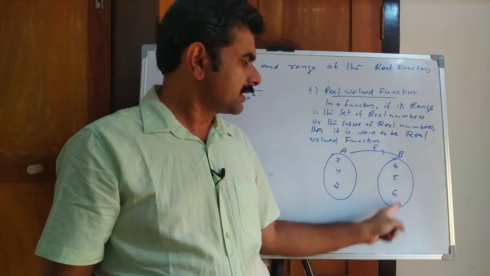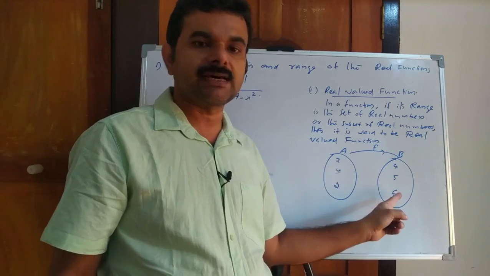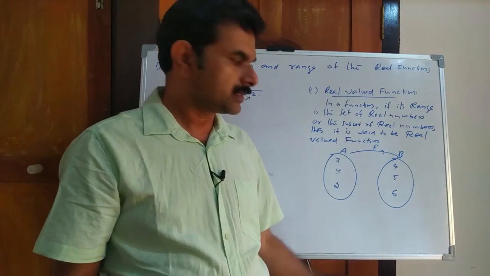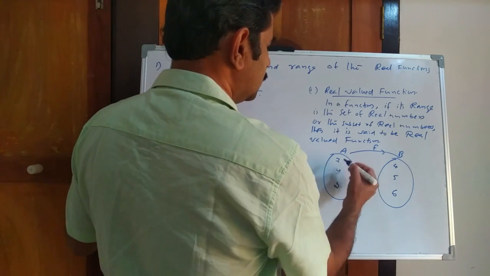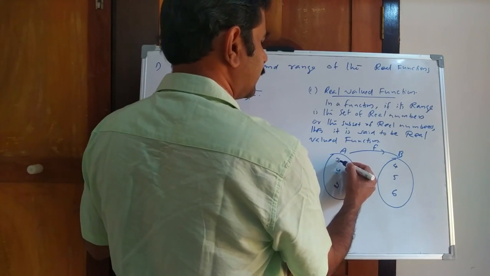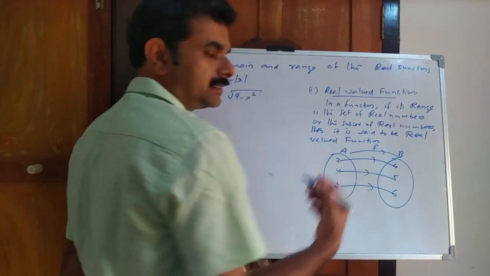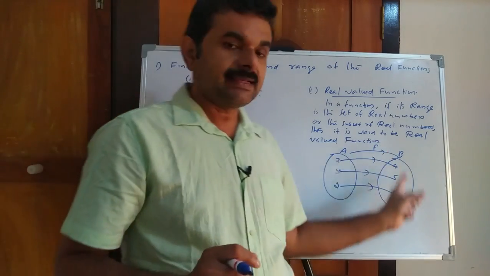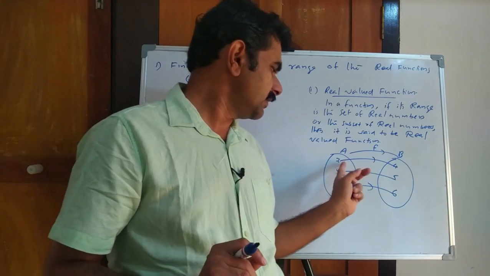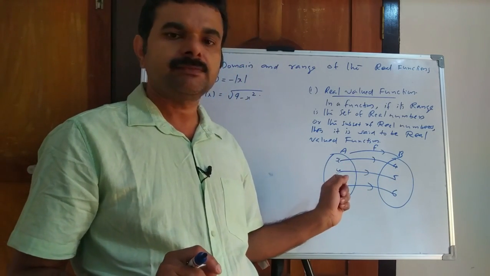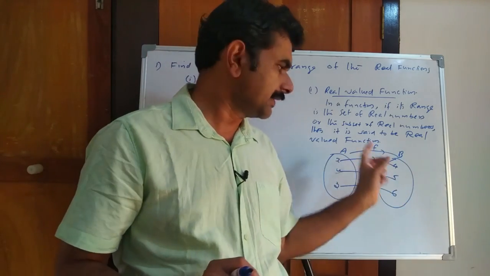And B is very clear: 4, 5, 6. These 4, 5, 6 are real numbers, isn't it? So the set {4, 5, 6} is a subset of real numbers. Here a function is defined from x to 4, y to 5, z to 6. Is it a function? Yes, because the one and only one property is satisfied. Every element of set A has one and only one image in set B. Therefore, it is a function clearly.